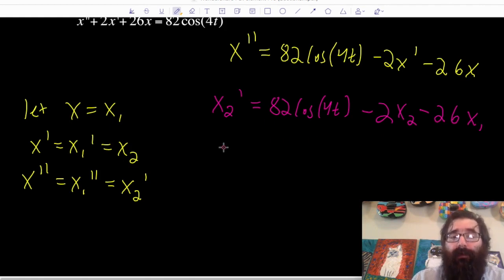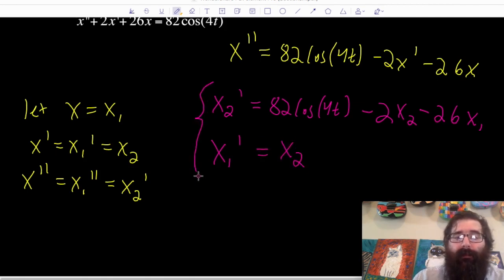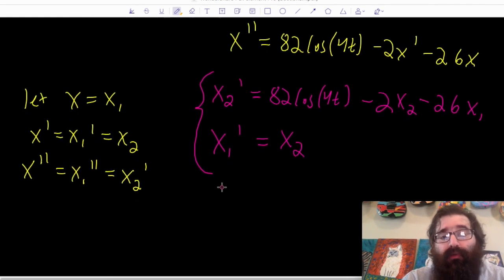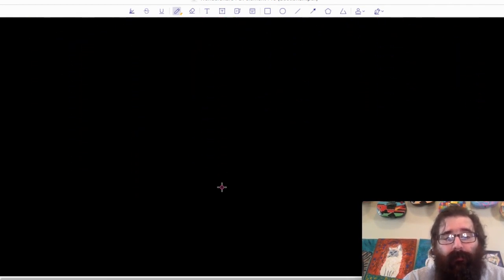But then I'm also going to want another first order piece to this. So next we would say that x sub 1 prime equals x sub 2. And this gives me a corresponding first order system that I can work with here. So hopefully not too bad, just a new nomenclature for us, I think.